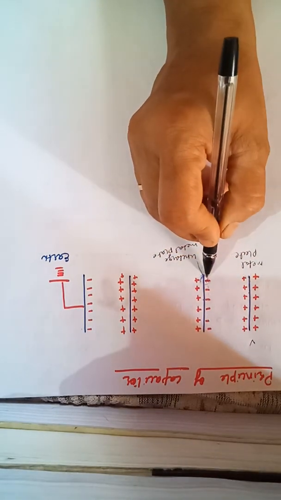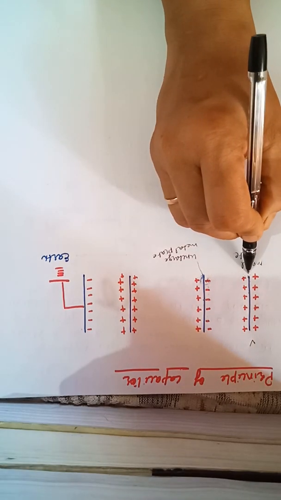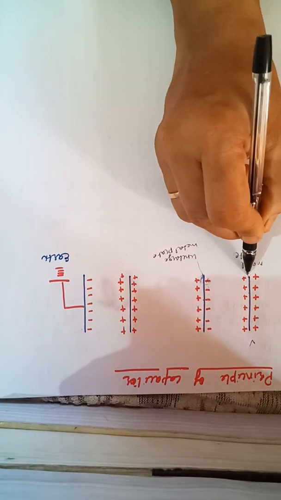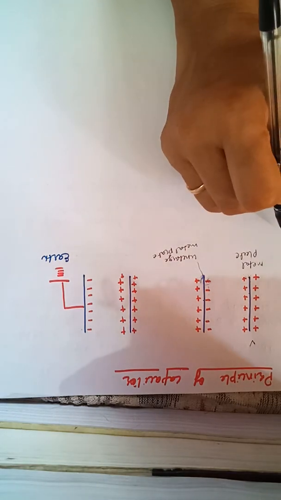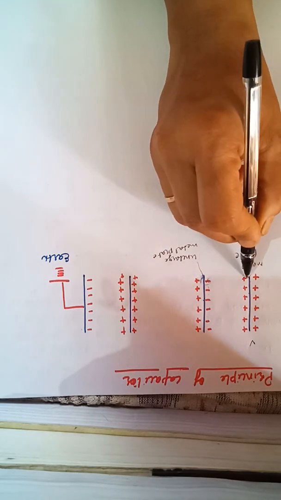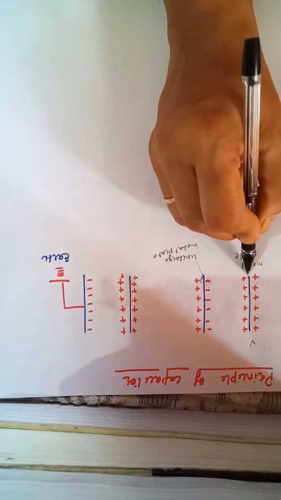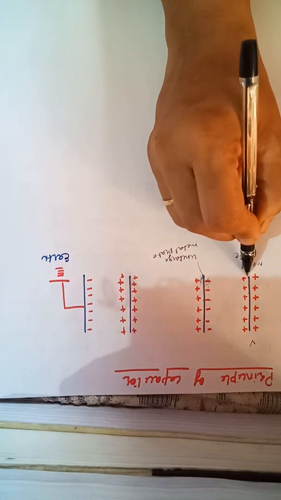But since the negative charge is close to this positive plate, we will say the potential of this plate is reduced. Though due to the presence of this positive charge the potential increases, the net potential we will say decreases. Why? Because this charge is nearer to this plate.